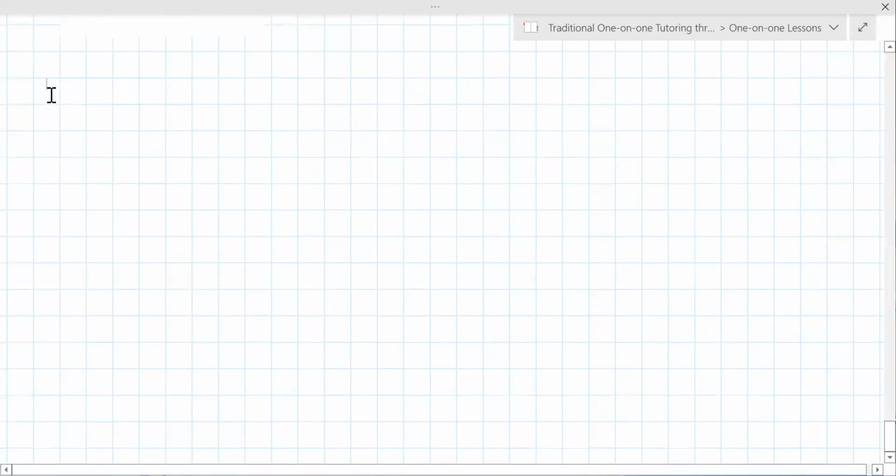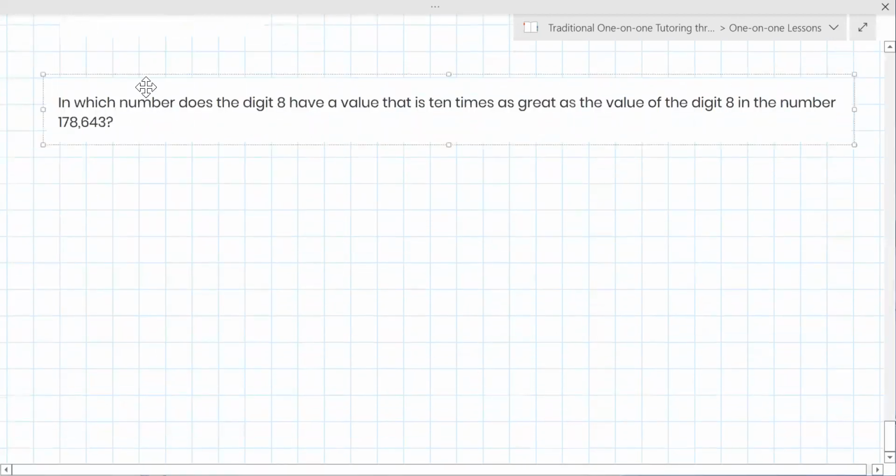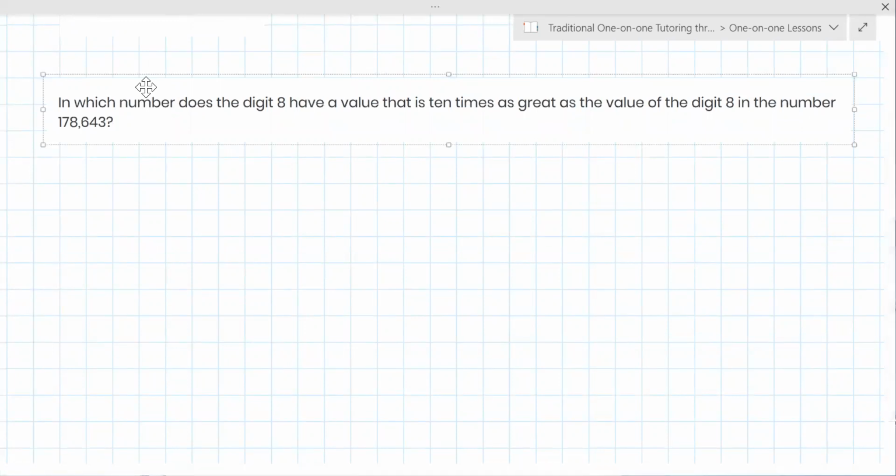All right, I'm going to snip in the next question here. Could you read this out loud for us, please? In which number does the digit 8 have a value that is 10 times as great as the value of the digit 8 in the number 178,640?